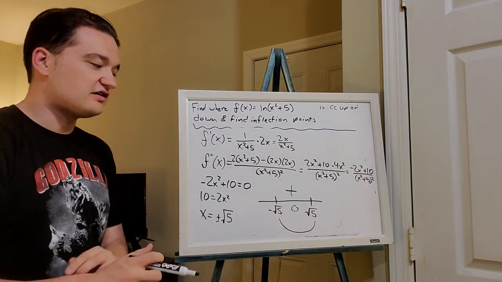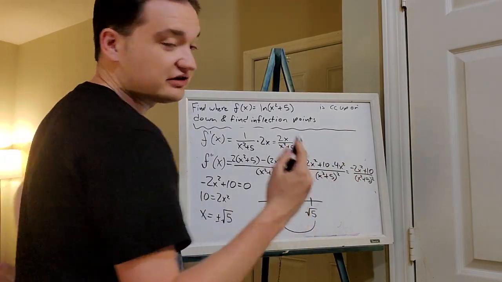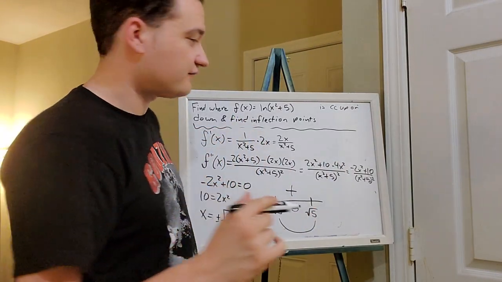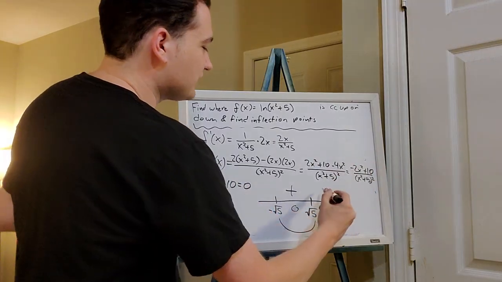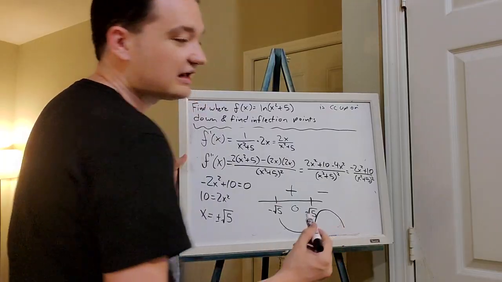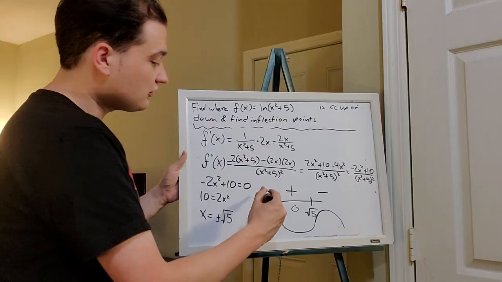What happens if we plug in something bigger than the square root of 5? The denominator stays positive, but the numerator becomes negative. So we end up with something concave down. And same deal over here.